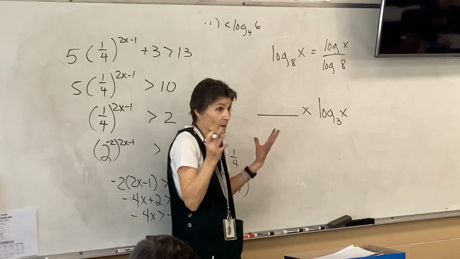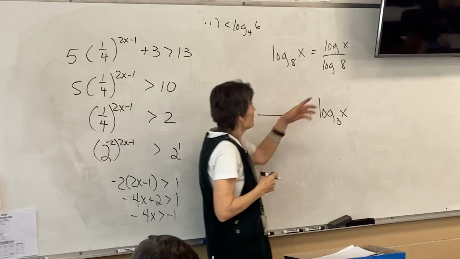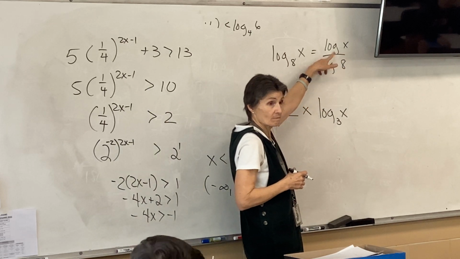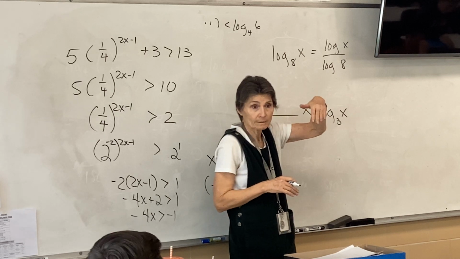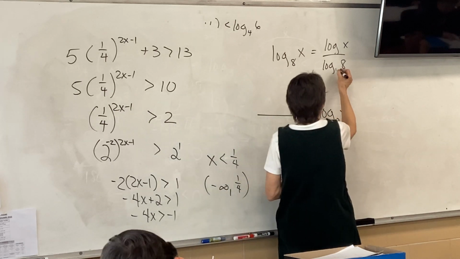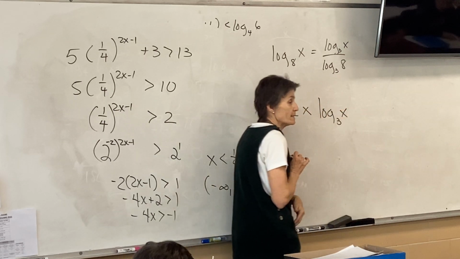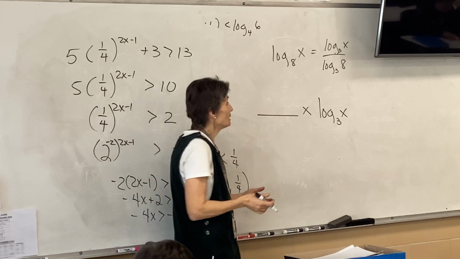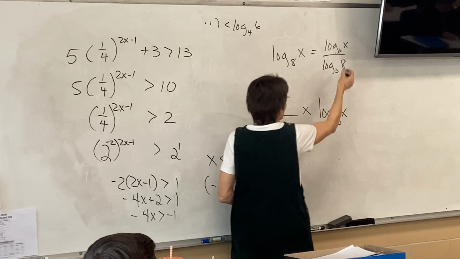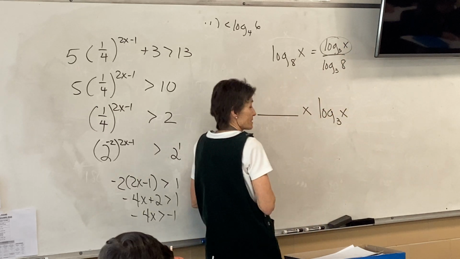Every time, always. Now, what base is this? 10. Well, I don't want 10, I want 3. Perfectly fine, I'll just put in 3. I can put in whatever base I want. So here's my log base 3 of x.